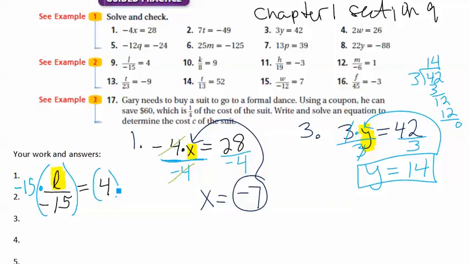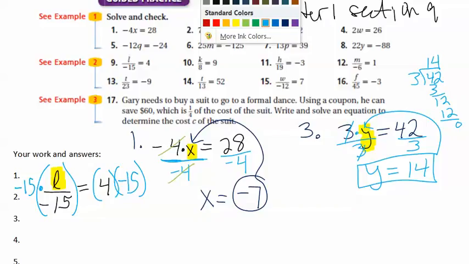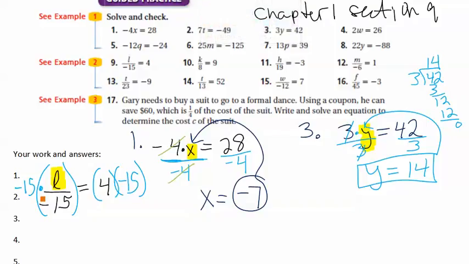I'm going to multiply both sides by negative 15. Now, when I do that on the left side, when I have negative 15 and then I'm also dividing by 15, those cancel. And all I'm left with on the left side is L, which is good because that was my goal. I wanted to get L by itself.